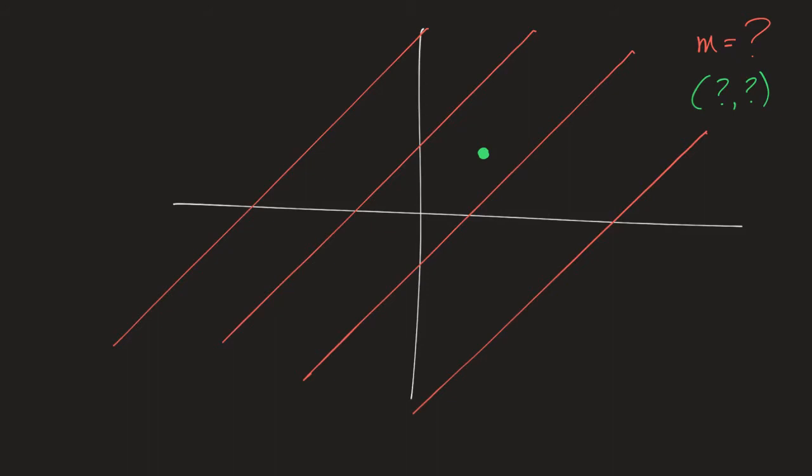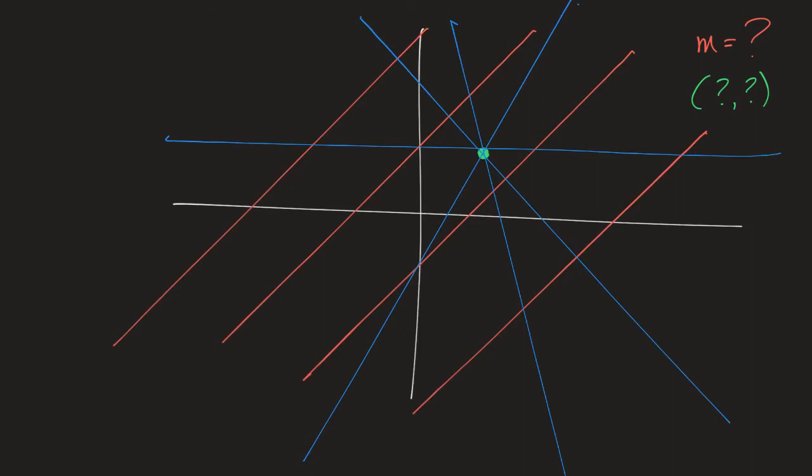Like I could draw a blue line that goes through the point this way, but maybe it's a blue line that goes through the point this way. Maybe it should be this way. Maybe it should be this way. Are we good that now we could see that there would be infinitely many lines that could pass through that one point?